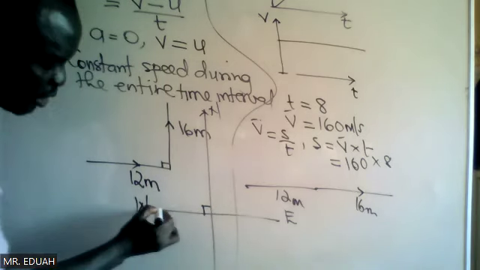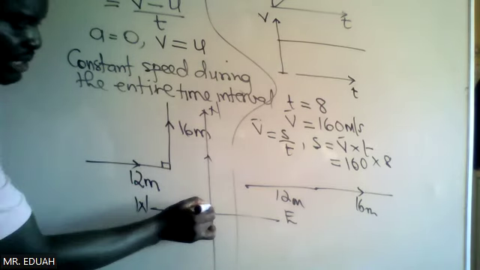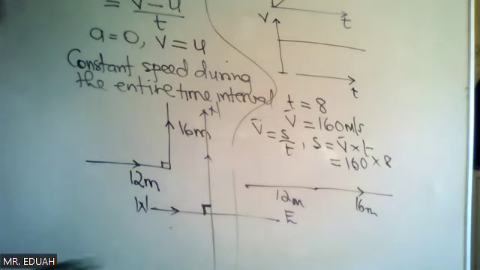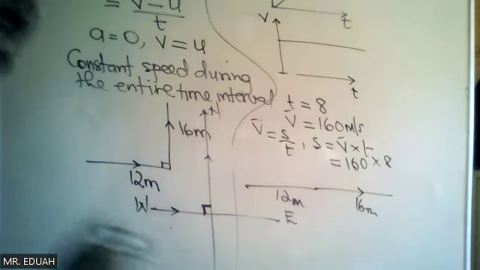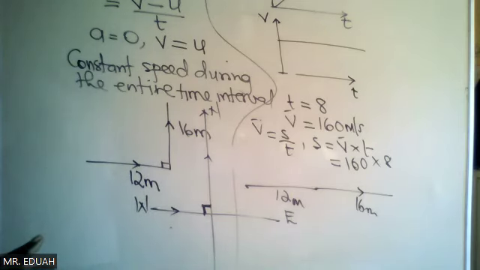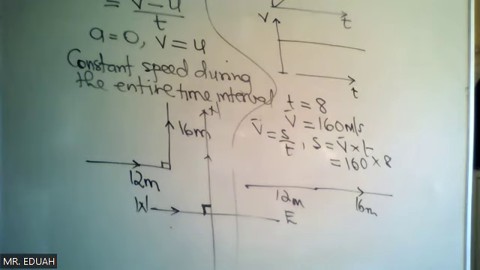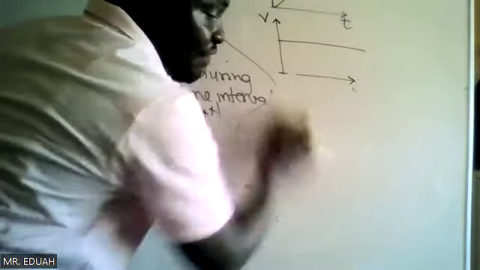So with 12 acting along this and 16 acting along that, the angle between them is 90. To find the resultant, you need to use Pythagoras theorem. We'll solve it, but I'll explain better when we begin vectors.